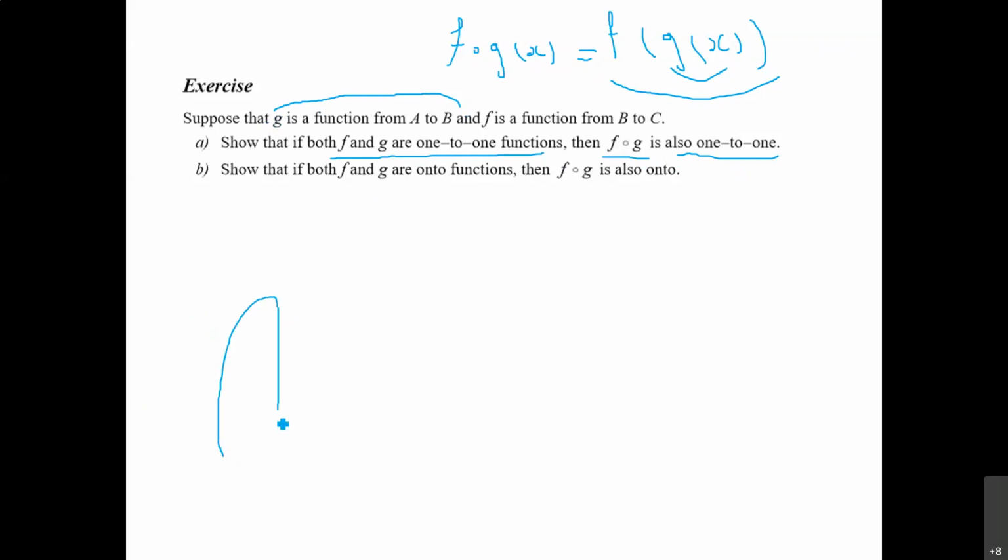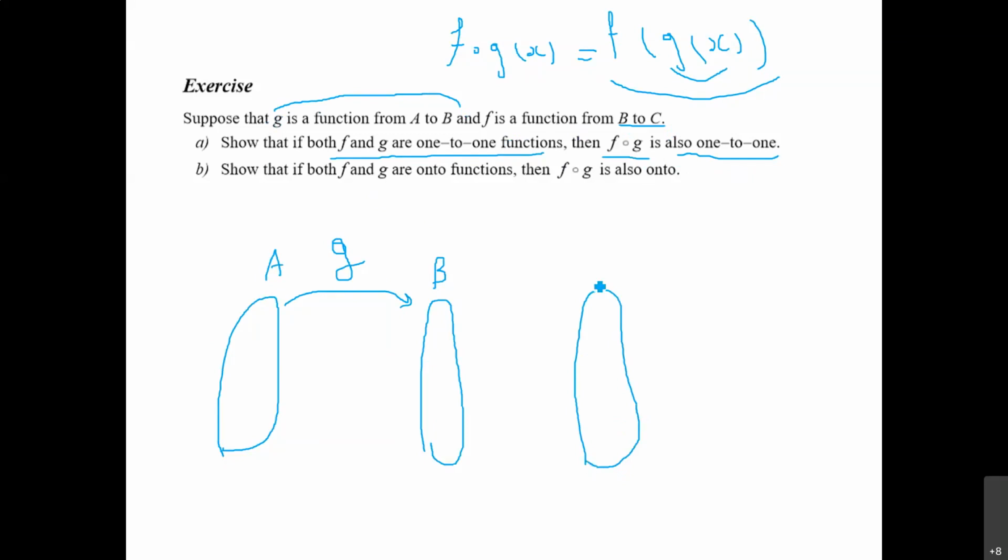I have the set A, set B, and g is just the mapping from here to here. F is a function from B to C. I'll add C. F is from B to C.